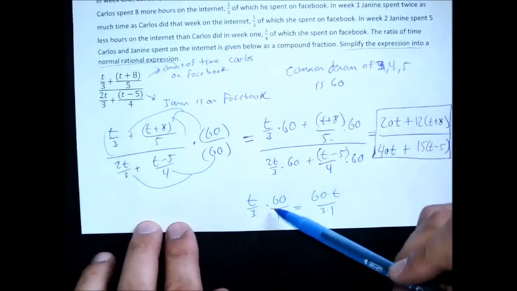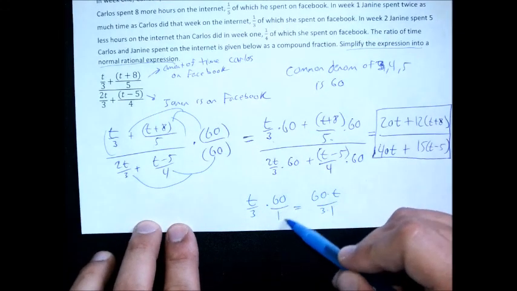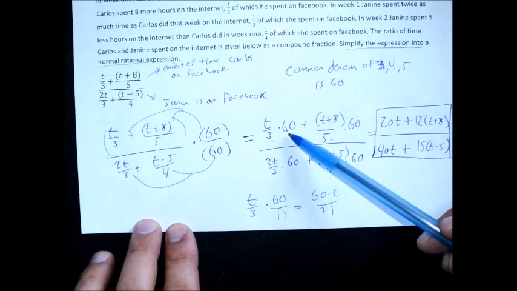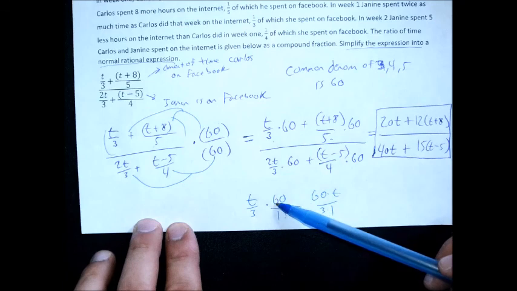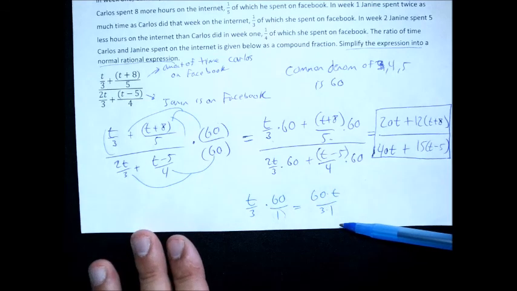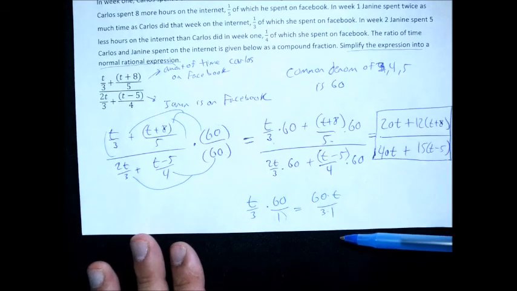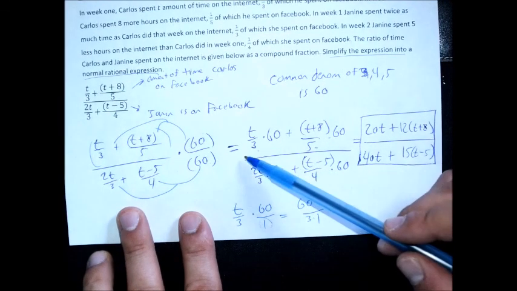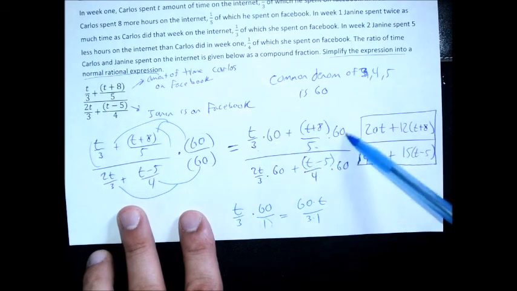The 60 would multiply into the denominator if there was a 60 down here instead of a 1. So in this situation, that looks like this. And so the 60 doesn't go into the denominator because the 1 goes into the denominator. So how do you get 1? Because I divided 3 into 60.